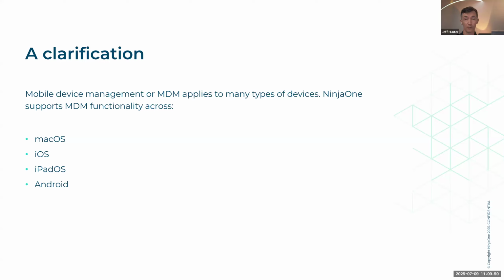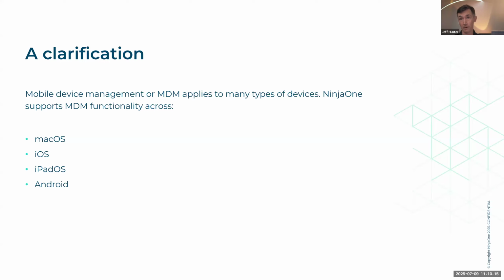Now, NinjaOne is going to support macOS, which is our topic for today. We are also supporting iOS and iPadOS as well as Android. So all of those were supported as of our initial MDM launch last year in July of 2024. So we support all of these functionalities today.